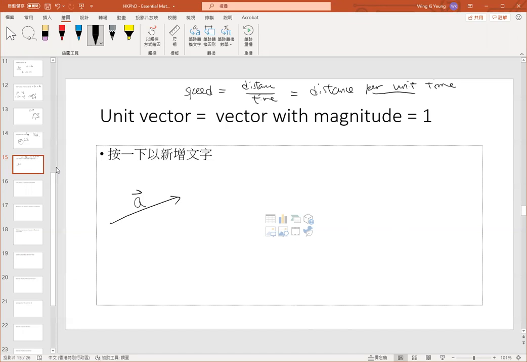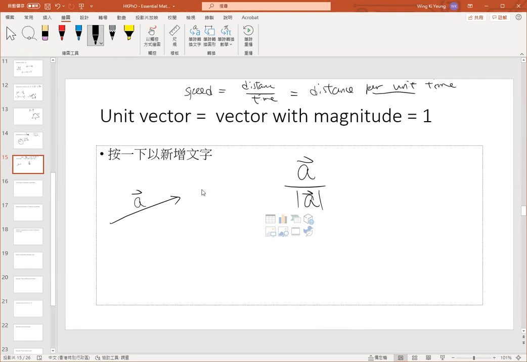Although we have not learned about the subtraction yet, but let me do it like that. Actually, when you divide by the magnitude of A, so let's say A has a magnitude 10, you divide by 10, then you get the magnitude 1. The idea is like that.